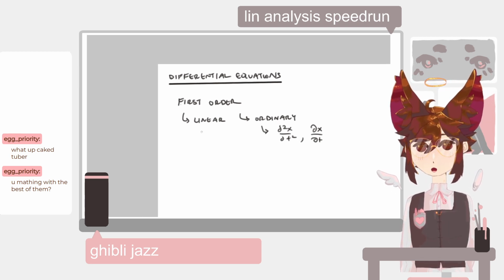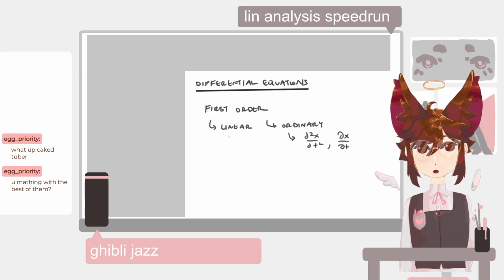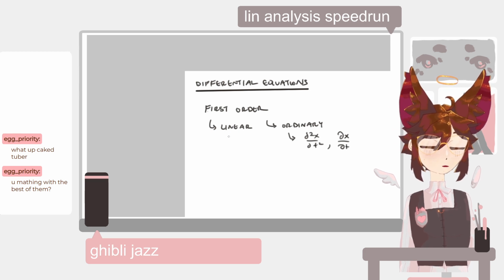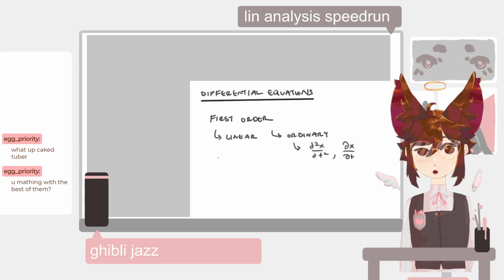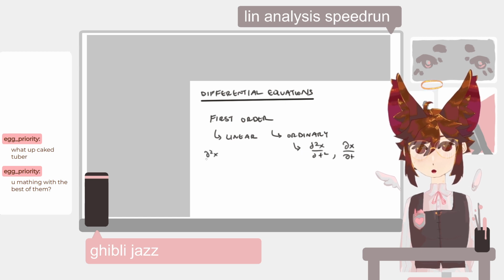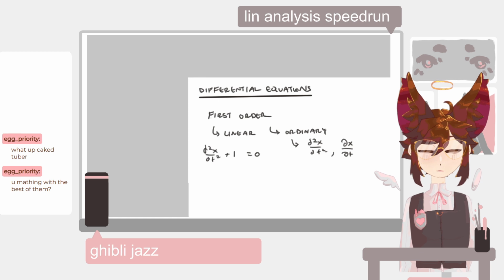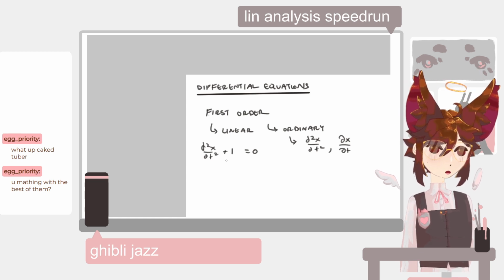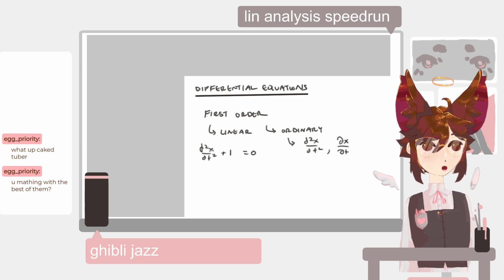For linear, it's a little different. Linear is a term that describes the way that our derivatives present themselves. If our equation is set up like d squared x over dt squared plus 1 equals 0, this is a linear differential equation because we're not multiplying the derivatives together.